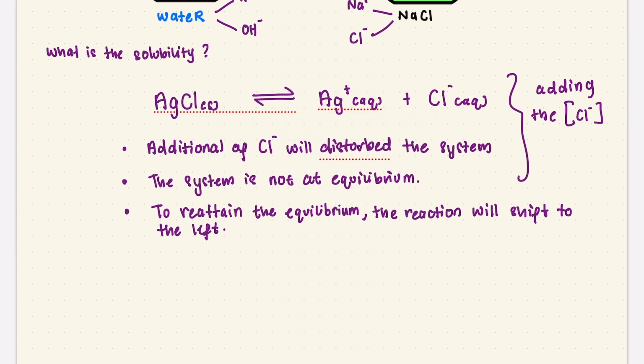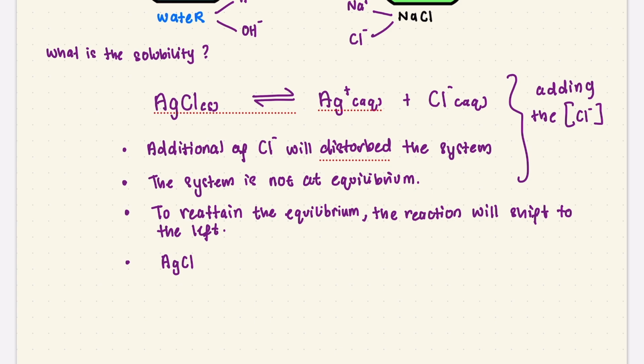What will happen when it shifts to the left? Argentum chloride will be produced. Okay, argentum chloride will be produced. Now, since the reaction shifts to the left and argentum chloride will be produced, what happened?